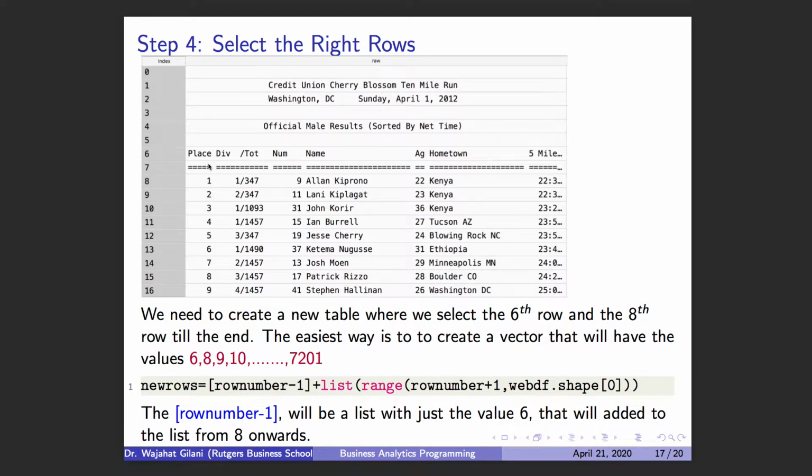Once I figure out what that row number is, then I can dynamically say, okay, the columns are going to be the row before it, and my list of data is going to be the rows after it, right?